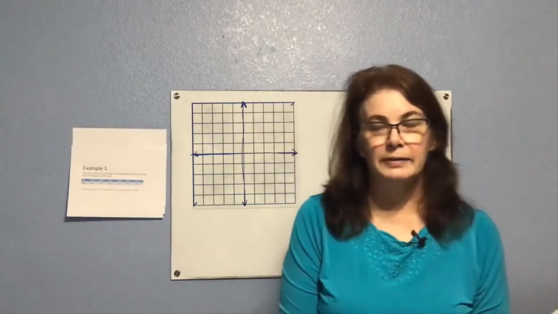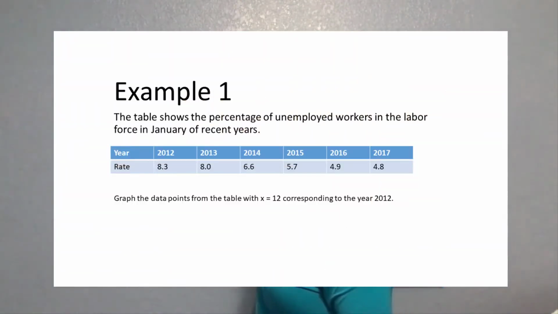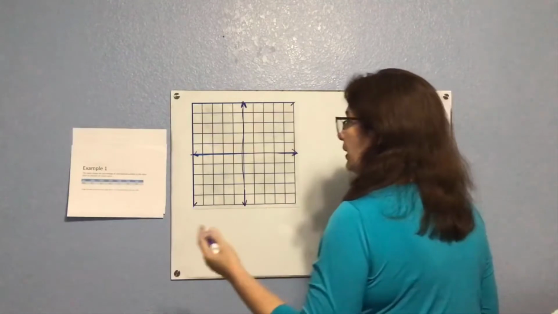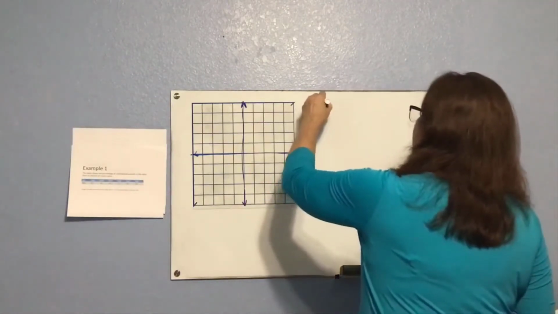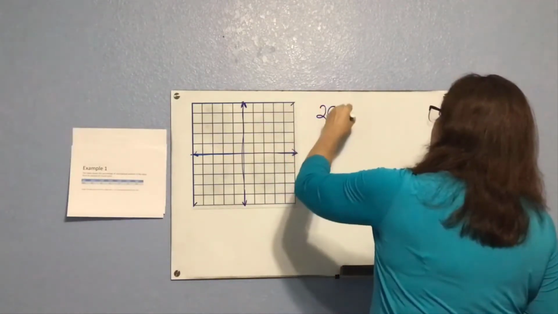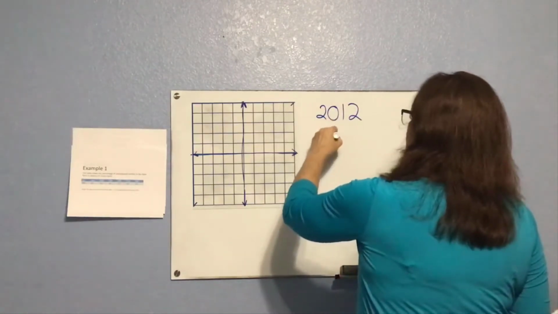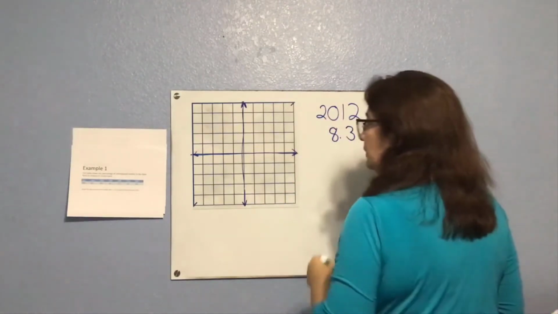In the first example, it says, the table shows the percentage of unemployed workers in the labor force in January of a recent year. So we've got a table there, and I won't copy the whole thing, but I will let you know that the first few entries for 2012, it was 8.3.